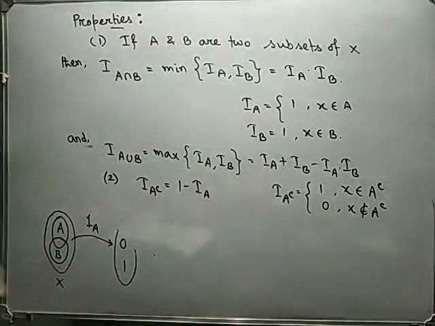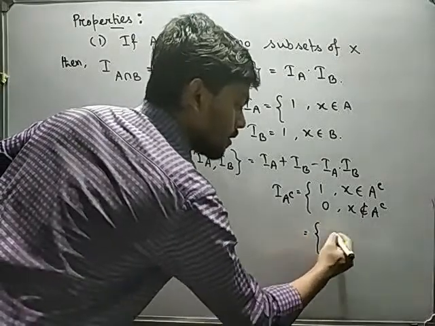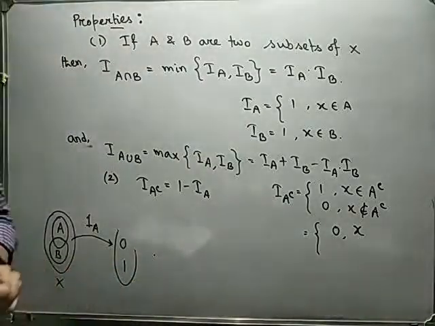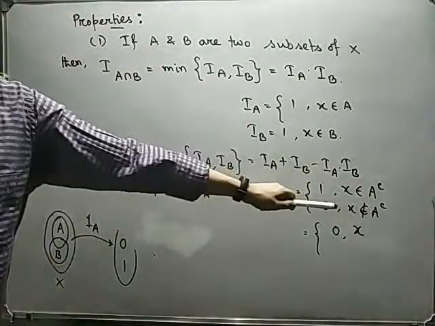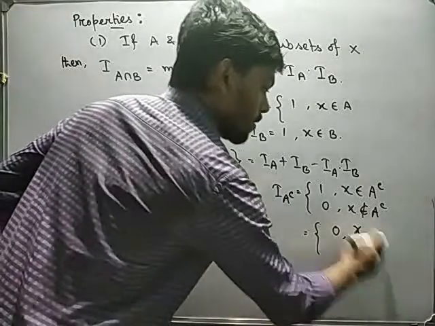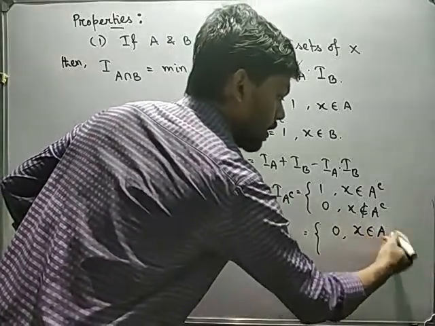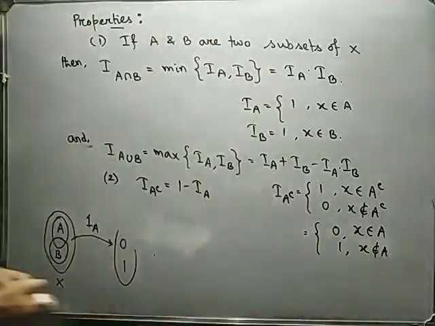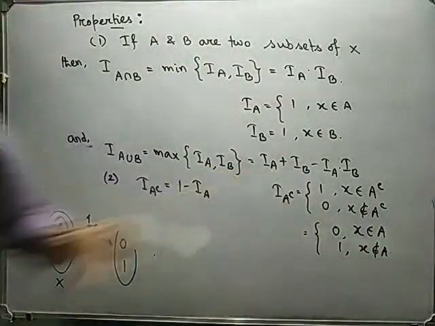That means X belongs to A, and 1 if X doesn't belong to A. So these both are basically similar.